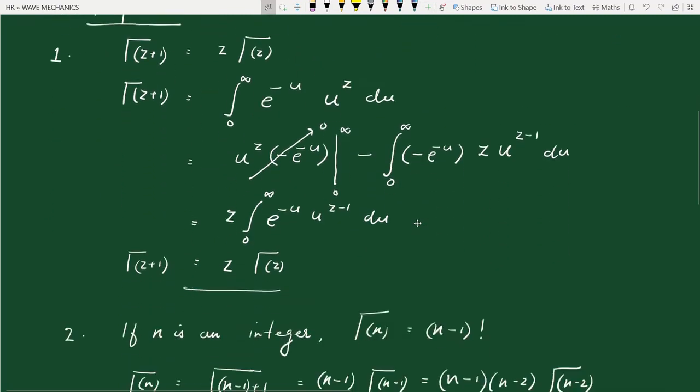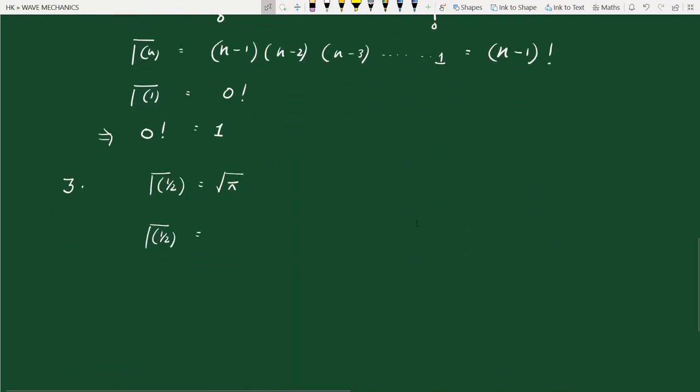So what you get is gamma half, from the second definition, is 2 times the integral from 0 to infinity of e raised to minus u square du. Here I have used equation 2, the second form of the gamma function.